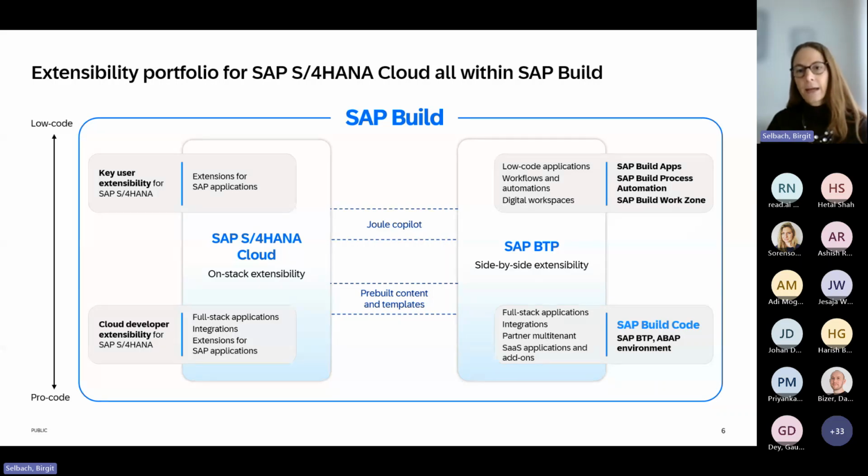And side-by-side extensions are done on SAP BTP and they are only loosely coupled to your core system. And in reality, you will probably often use a combination of both to really fully cover all your needs. With SAP Build Code, we are here in the area of doing side-by-side extensibility on SAP BTP.